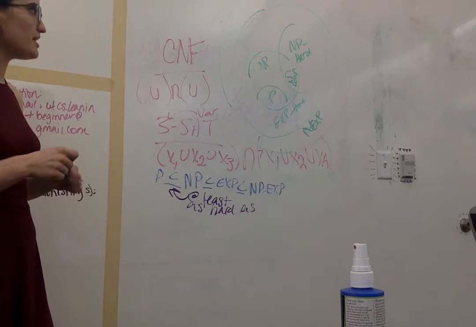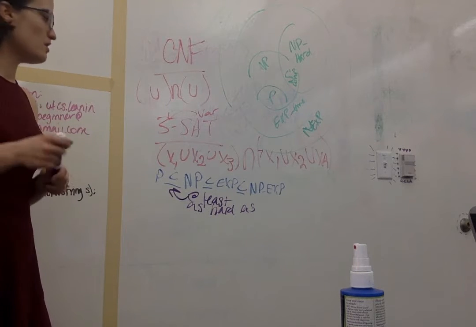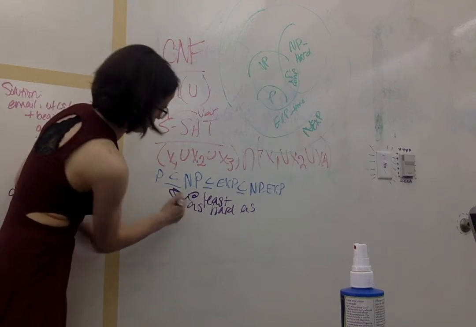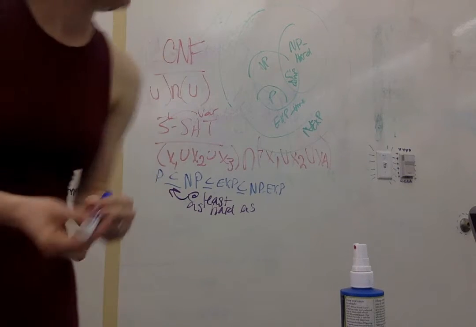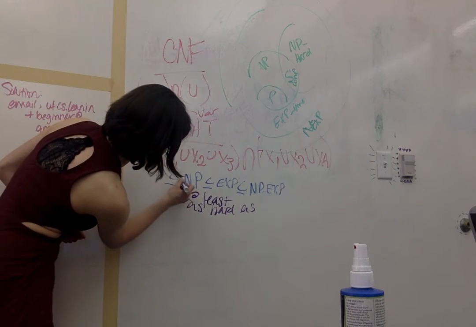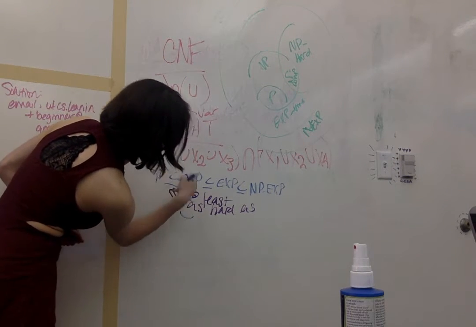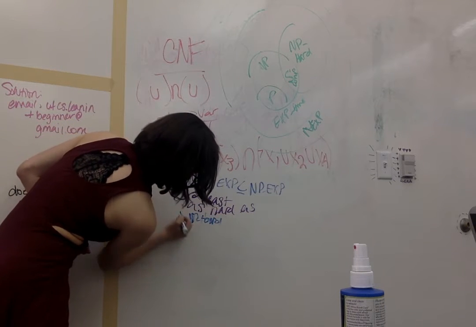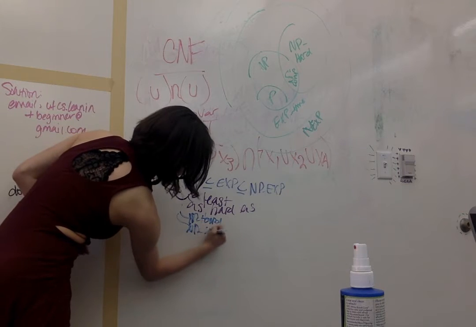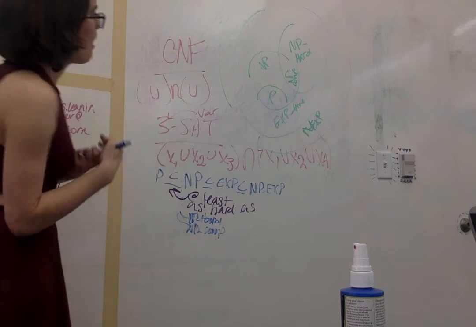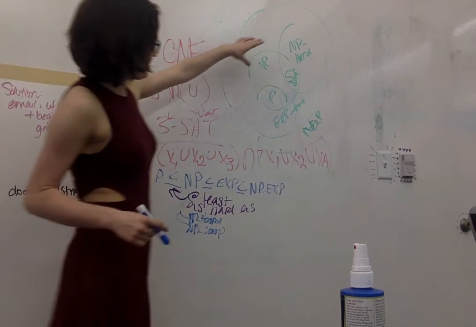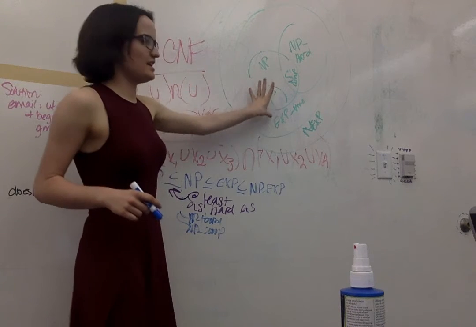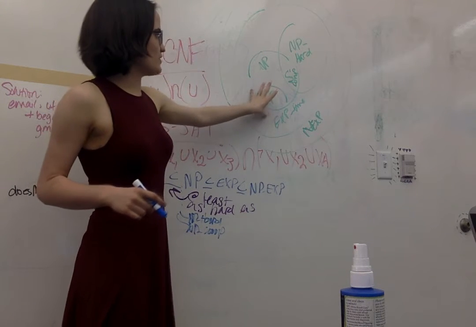NP and NP hard are, let me get the blue out again. Here, on the same level as NP is NP hard, and on the same level of that is NP complete, right? All three of these are underneath exponential, but there's no subset.